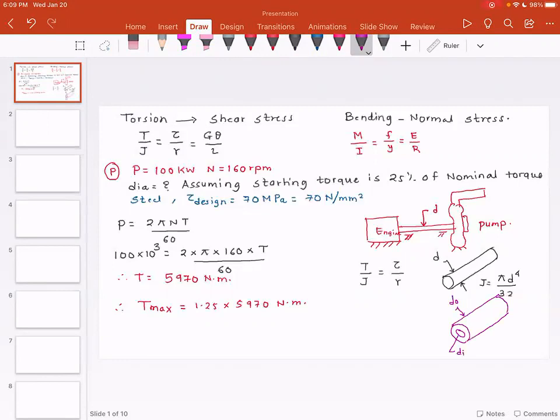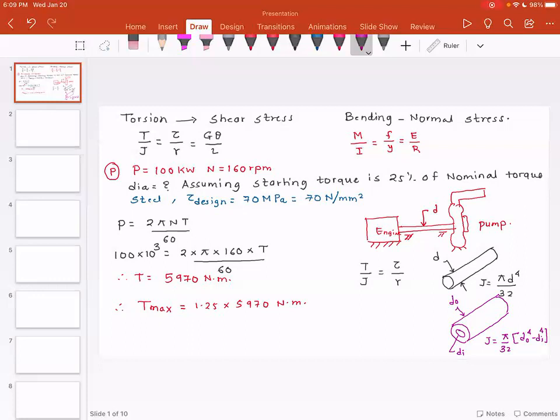D inside. So J is equal to pi by 32 times D outside to the power 4 minus D inside to the power 4. Now I just want to clarify the difference between the shaft and a pipe.